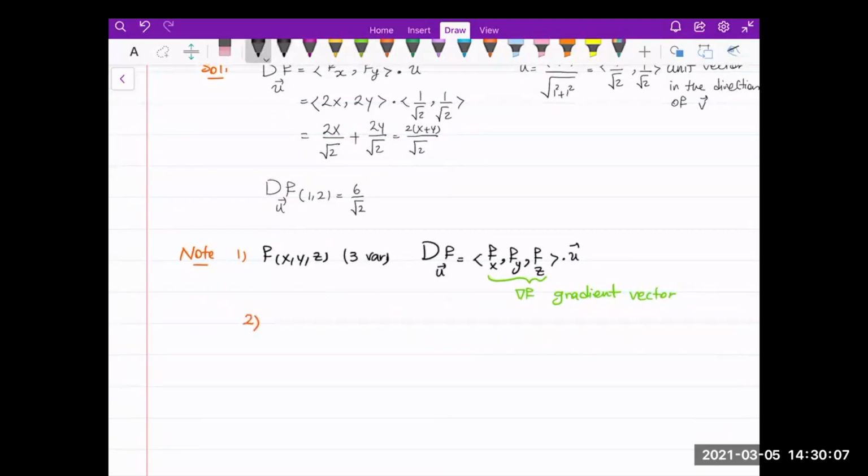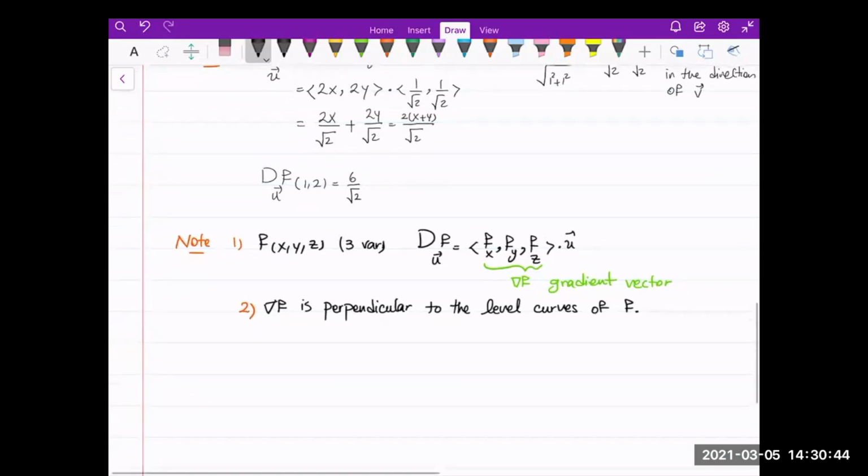The gradient vector of f is perpendicular to the level curves. Do you remember the level curves? The level curves of f. Okay, this is a theorem.